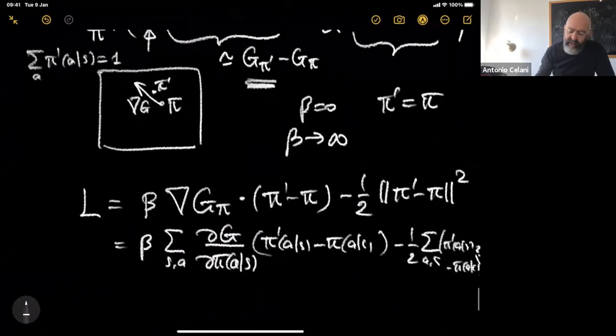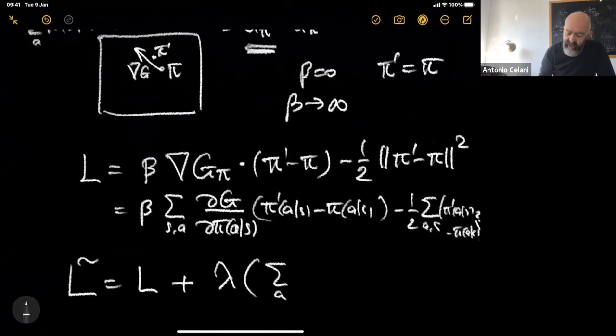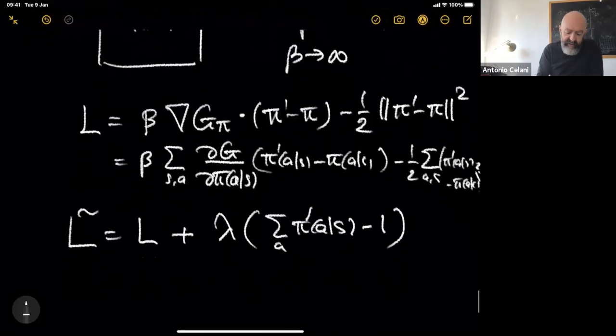So I add to my Lagrangian a multiplier which enforces this condition. This is the Lagrange multiplier that imposes the normalization of probabilities. And then I can take the derivatives of my Lagrange function in order to find the maximum.